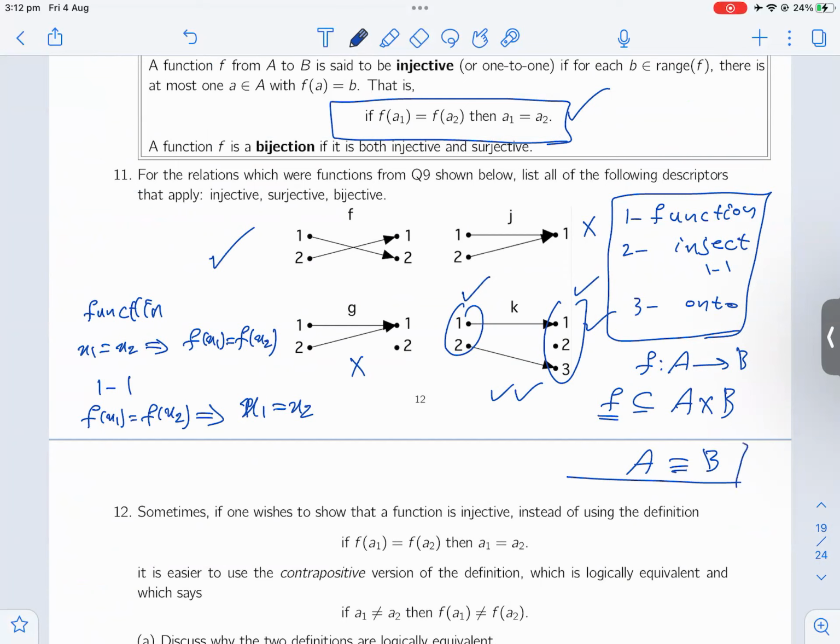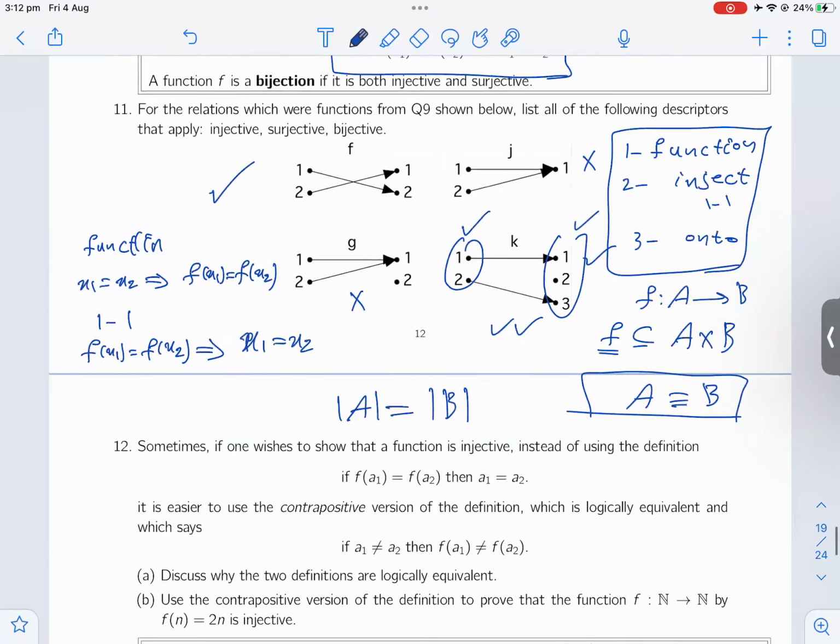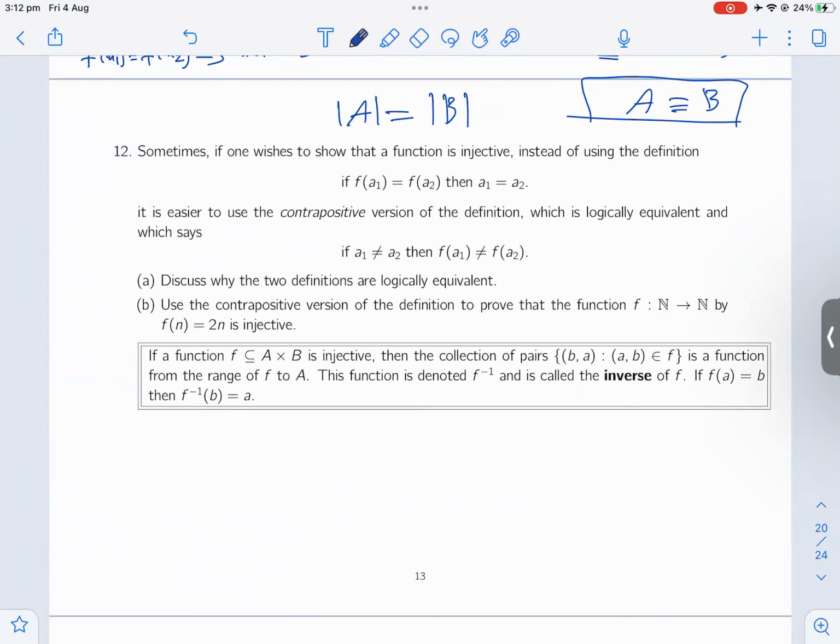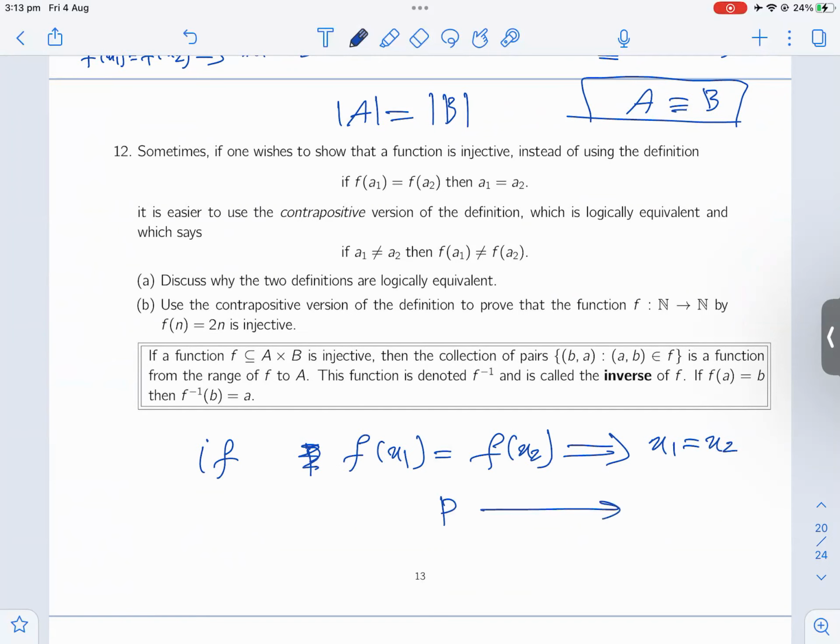In a bijection as well, the cardinality of A must be equal to the cardinality of B. Now, question 12, I'm saying that if f of X1 is equal to f of X2, then X1 is X2. So if this one is P, then Q.